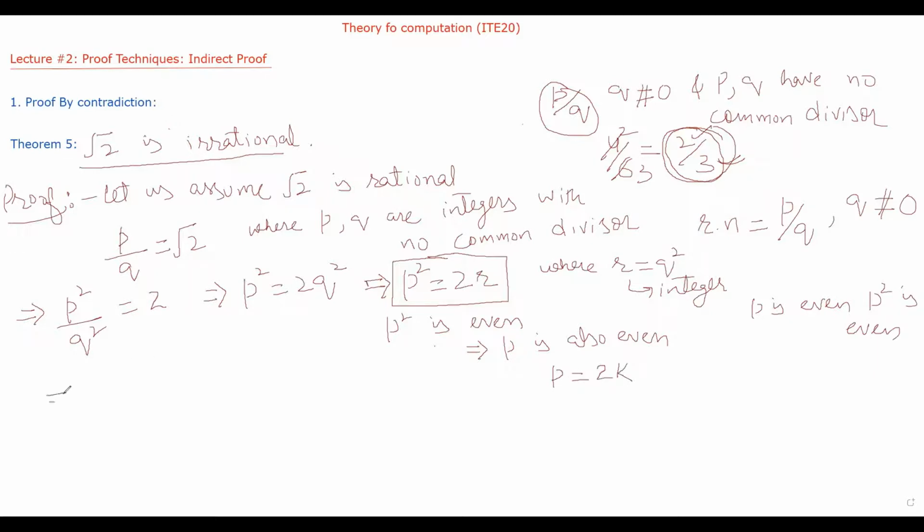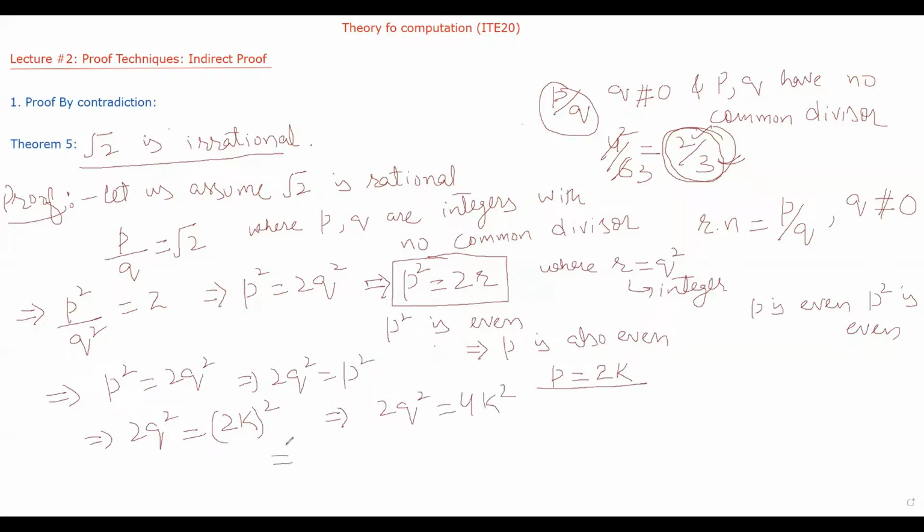Now coming back, 2 times q square is equal to p square. What is p? p is 2k, so 2 times q square is equal to 4k square.